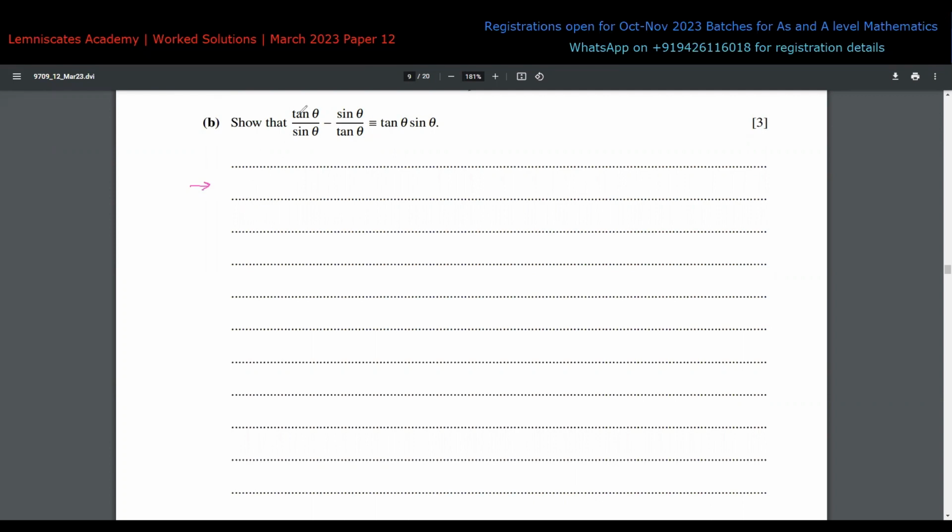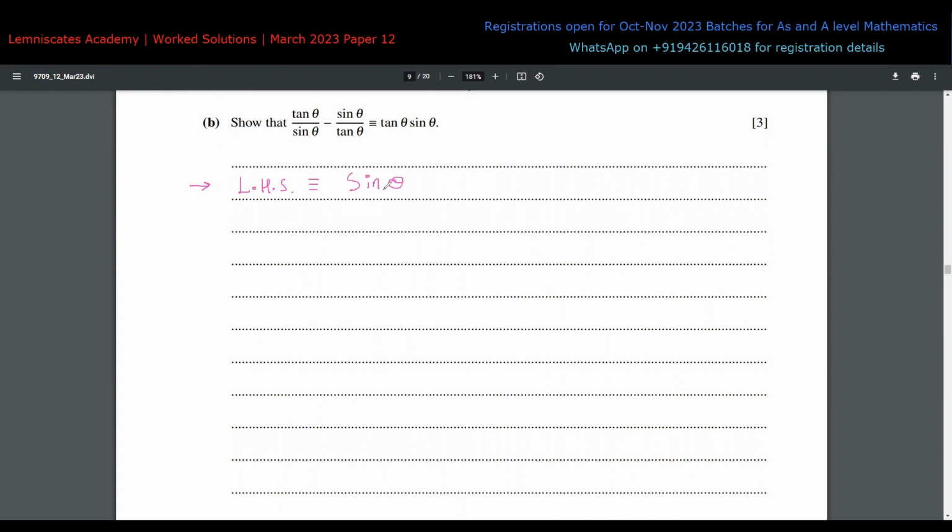So let's say we are starting with tan theta over sine theta minus sine theta over tan theta, and we have to convert it into the RHS, that is tan theta sine theta. We could have gone in the opposite way as well, but I think that going from left to right would be a better choice. So the left hand side is equivalent to: tan theta can be written as sine theta over cos theta.